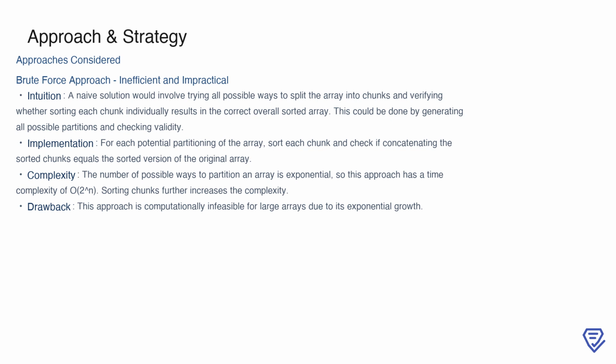For example, for an array of length n, there are 2^n subsets to consider, and sorting each chunk further compounds the computational complexity. This makes the brute force approach impractical for all but the smallest inputs, as it quickly becomes infeasible for larger arrays. The exponential growth in complexity is the key drawback here, ruling out this method as a viable solution for real-world scenarios.